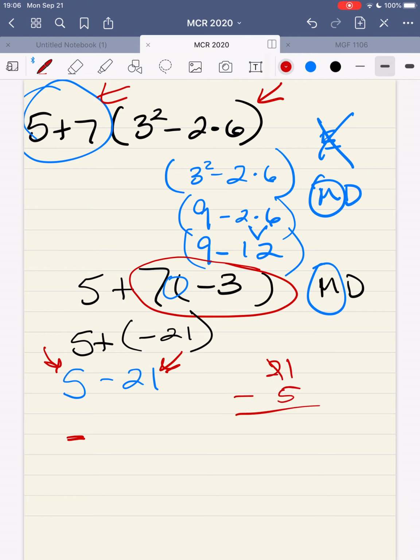Okay, so we've got to do that borrow thing, right? And I have 15. Right, sorry, 16. It's been a long day. Okay? And so my total for this is -16.